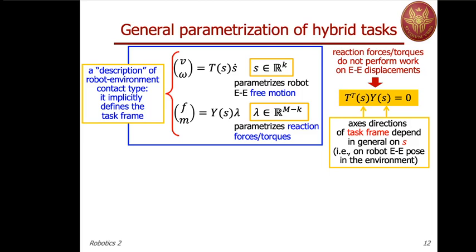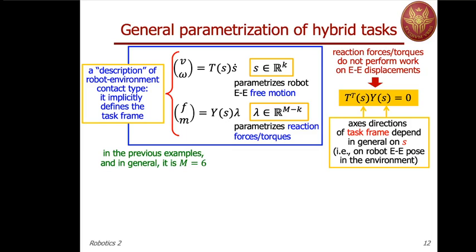Okay, so this is the starting point. Indeed, in the previous example, and more in general, we will have m equals 6, so the task will be defined in the full three-dimensional Cartesian space.